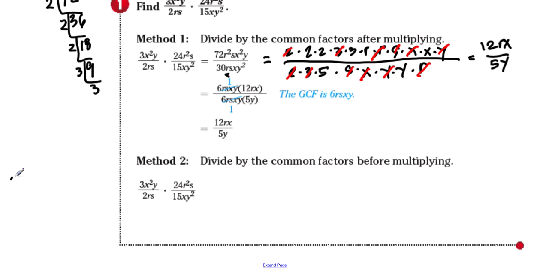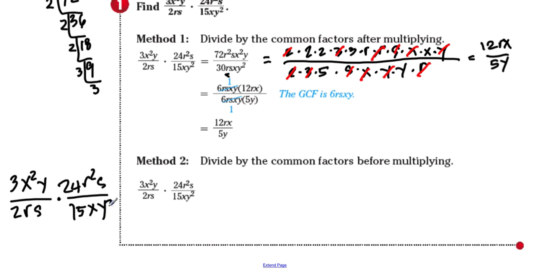So you have 3x squared y, 2rs divided by 24 r squared s all over 15 xy squared. So we start cross-canceling before we even multiply. So 2 and 24, that's a 1, and this is a 12. 3 and 15, that's a 1, this is a 5 right here.